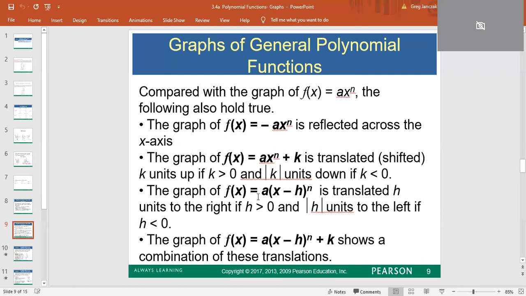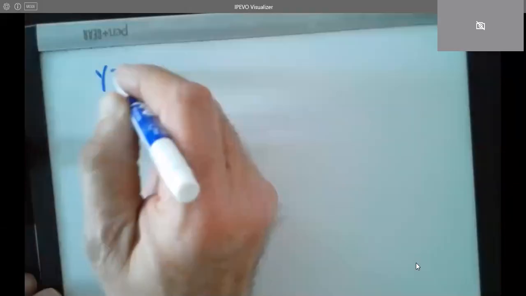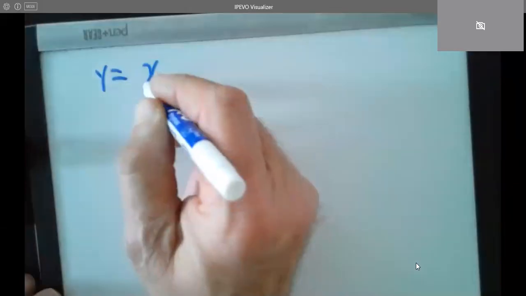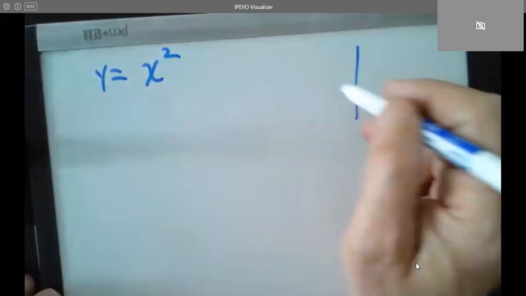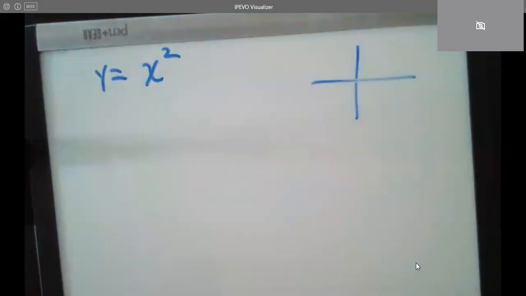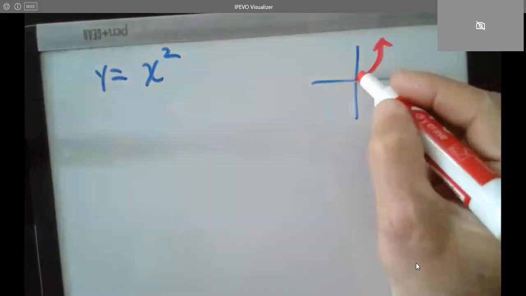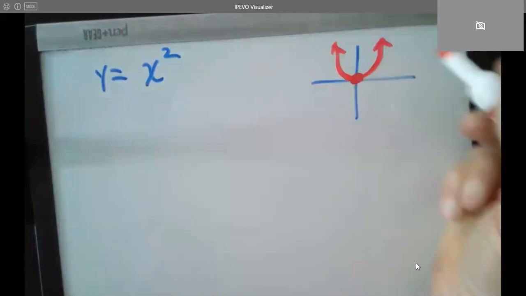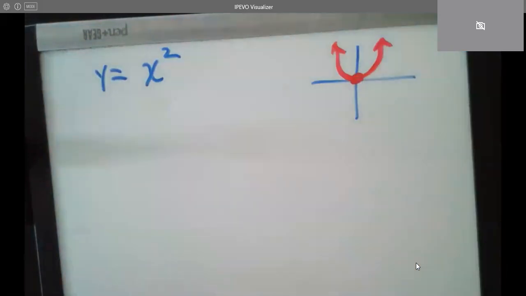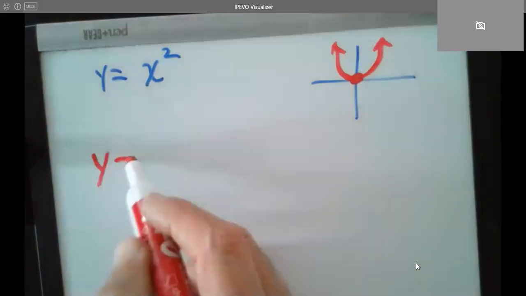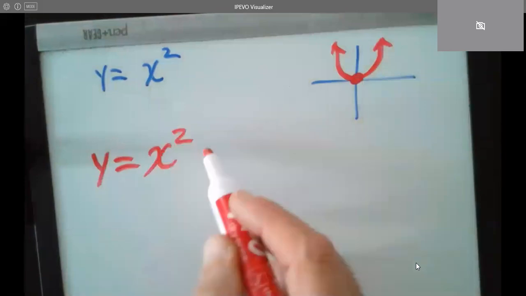So here's our board again, and we want to start with y equals x squared, the parent graph. And so that has a vertex at 0. And so let's say we want to look at y equals x squared plus 3.